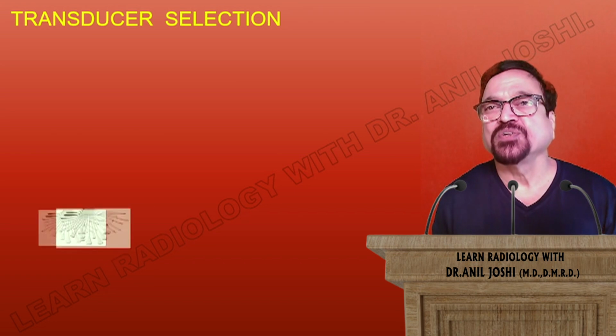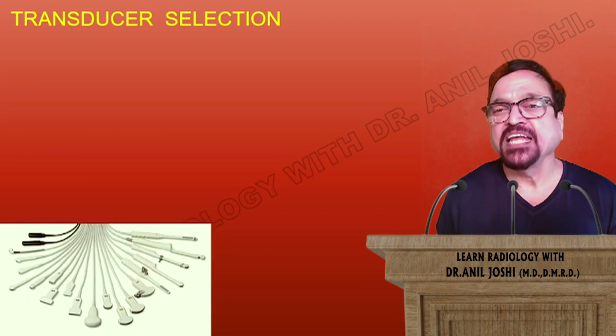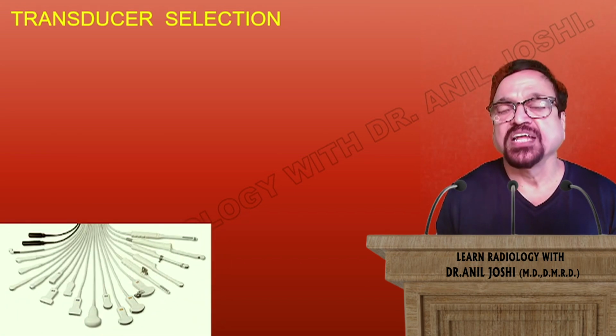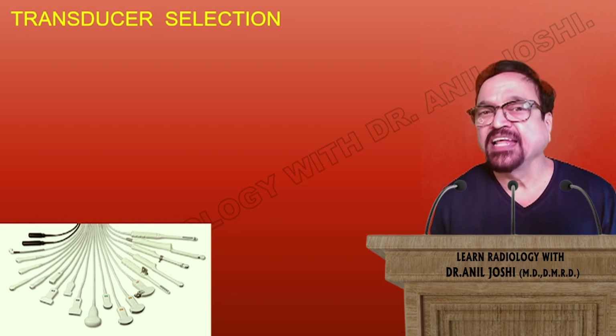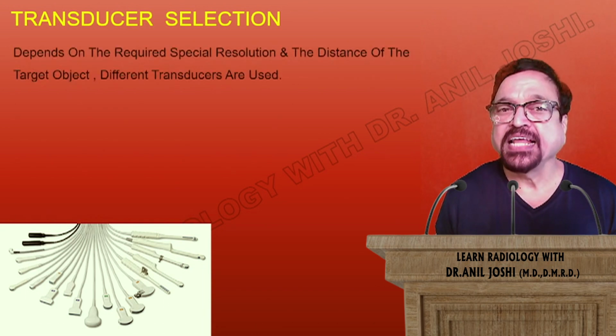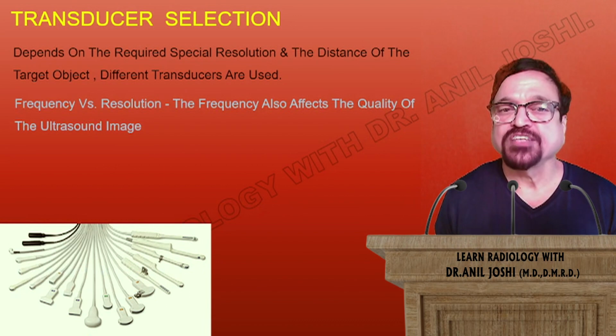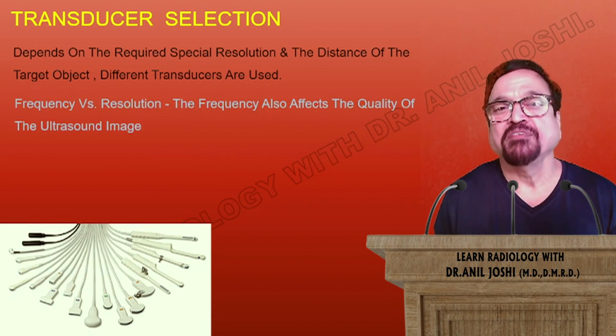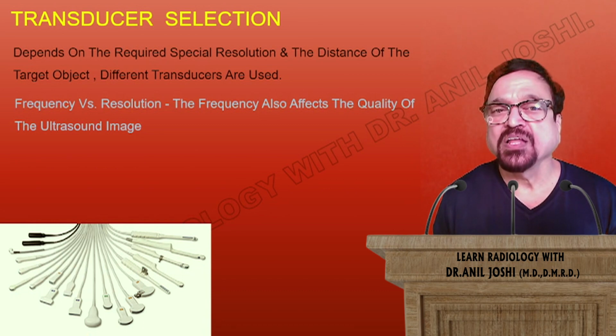Now, transducer selection. You see there is an array or row of transducers. It depends on what depth you want to scan. Number two, whether you need a linear surface or a convex surface. A convex surface will give you a fan-shaped beam where you can scan more organs. The linear will give you a straight beam.